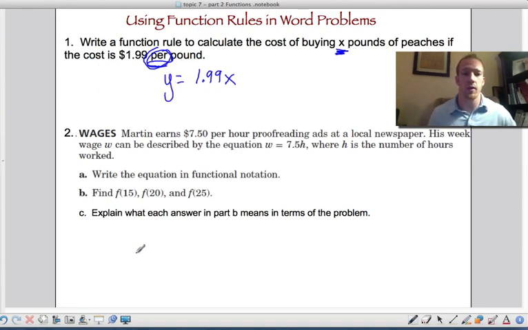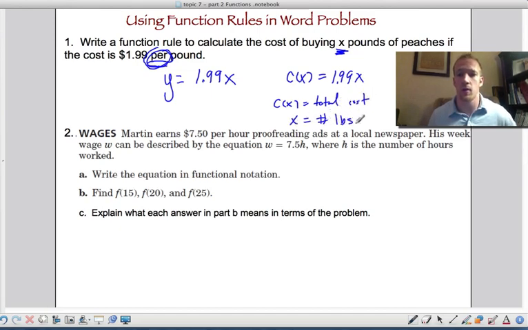Or since we have more problems to do, we could also use function notation and say c of x equals 1.99 times x. That means the exact same thing, where you just say c of x is the total cost and x equals the number of pounds. All right, piece of cake.